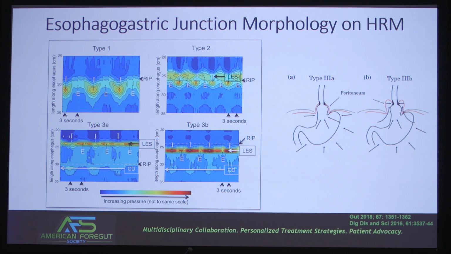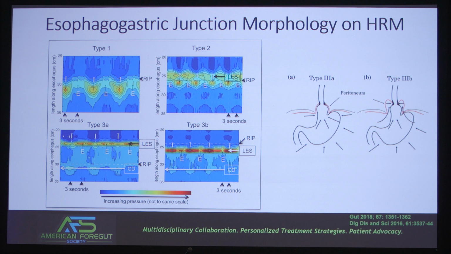There is also better definition of the EG junction morphology with high-resolution manometry. This was in the Lyon consensus, where they proposed this EG junction classification. Type 1, when there is no separation of the LES from the crural diaphragm, so there's no hernia. Type 2, when there's less than 2 centimeters separation. And type 3, if there's more than 3 centimeters separation between the crural diaphragm and the LES.